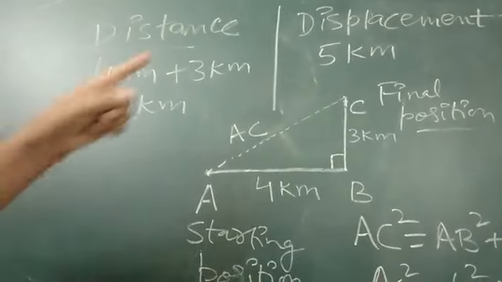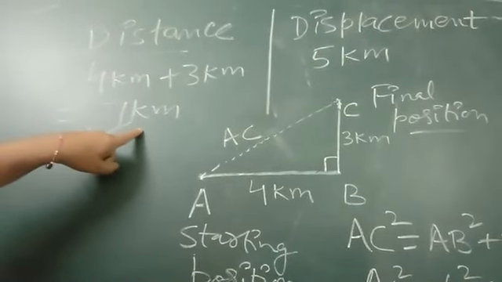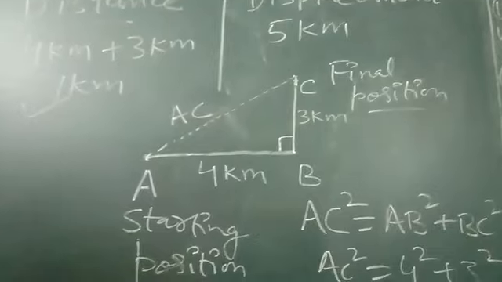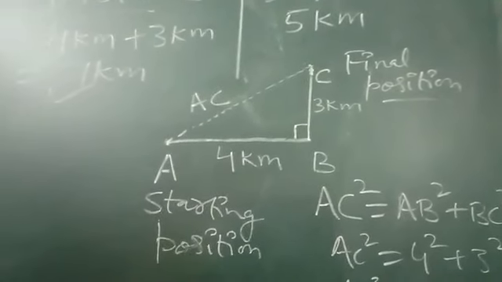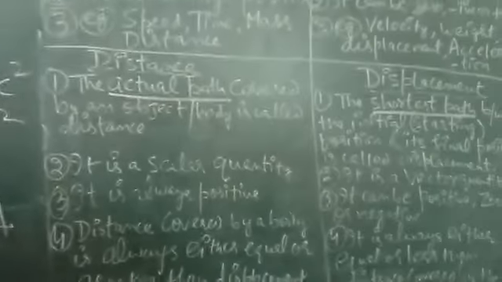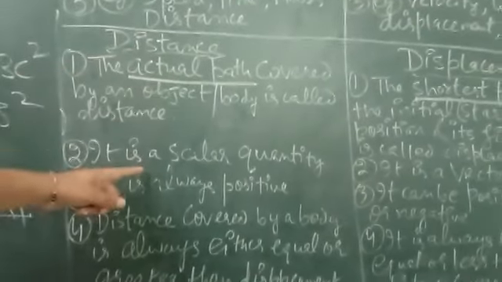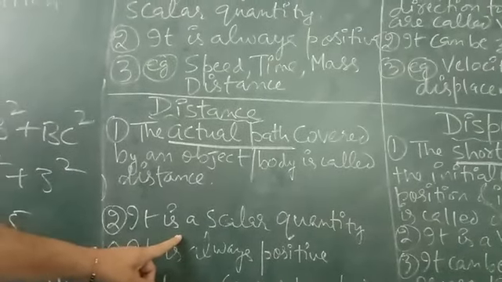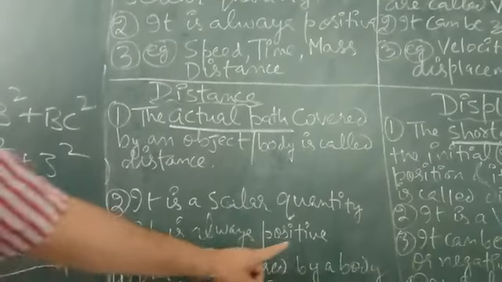So do you see that? Distance covered is 7 kilometers, however displacement is 5 kilometers. Okay, let's get back to the points here. As I told you, distance is a scalar quantity. That is why it is always positive.